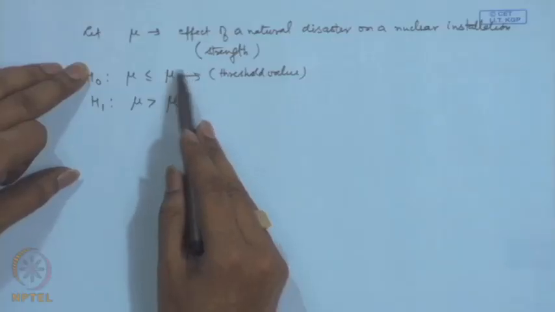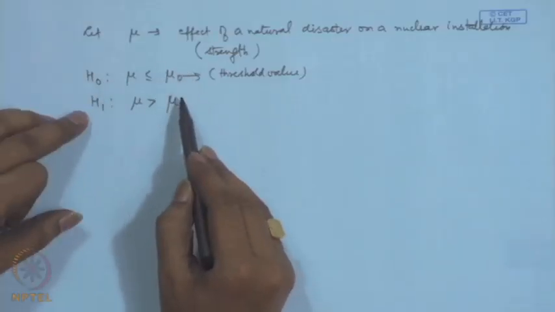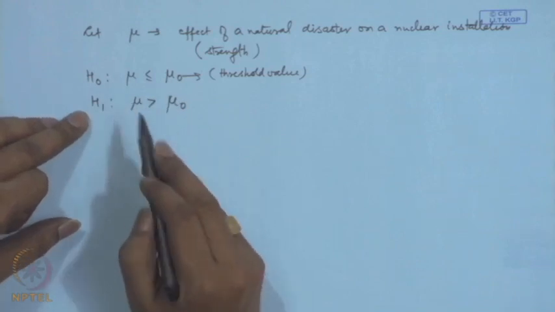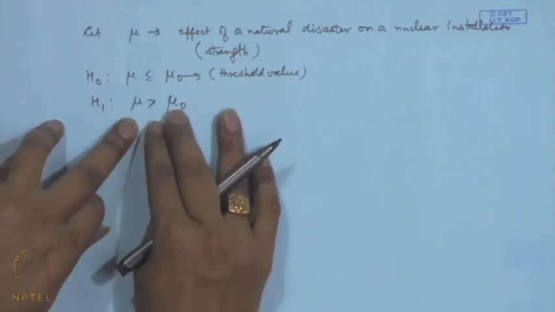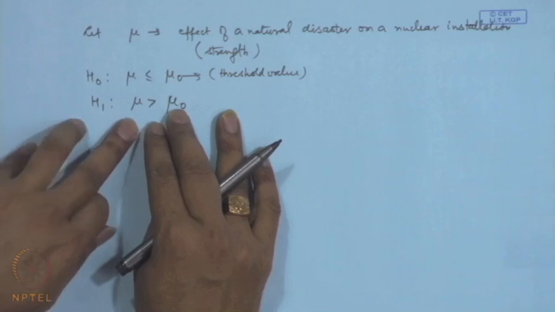So, if our null hypothesis is true and we are actually rejecting it, that means we will be making arrangements for a much higher scale of natural disaster. Therefore, we are safe in the sense that even if the natural disaster occurs, we are safe.